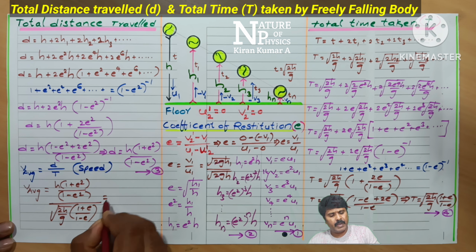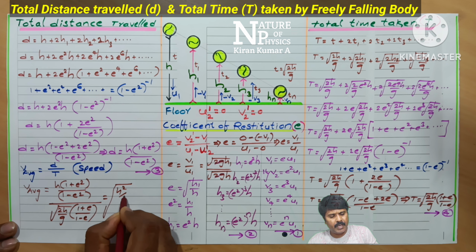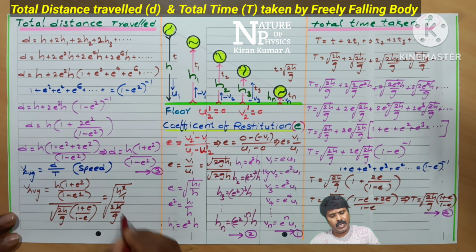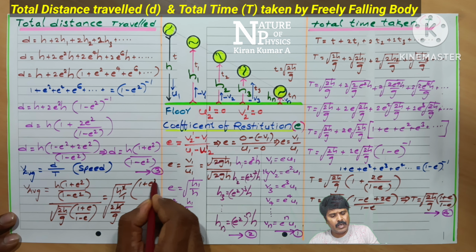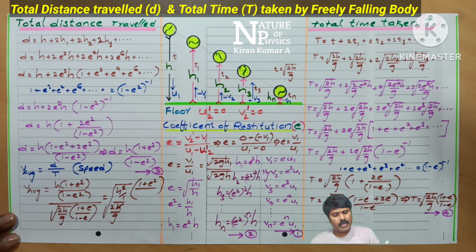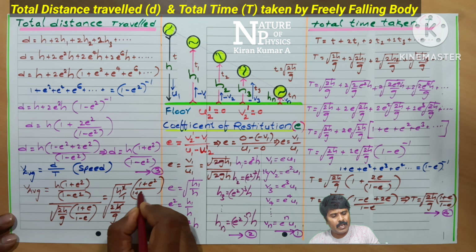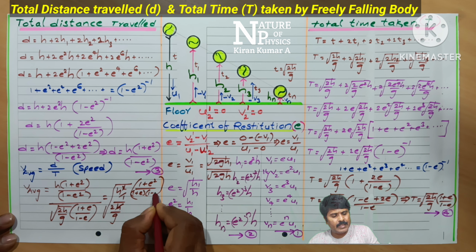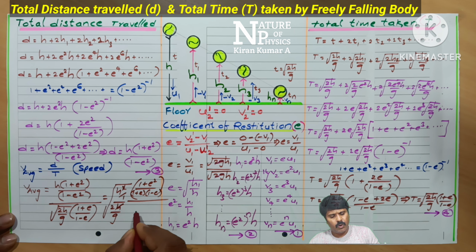And in the continuation step I can write like this, root over h square divided by 2h by g. See there, h square and h get cancelled, and the numerator is 1 plus e square, the denominator is 1 plus e into 1 minus e, whole divided by 1 plus e divided by 1 minus e.